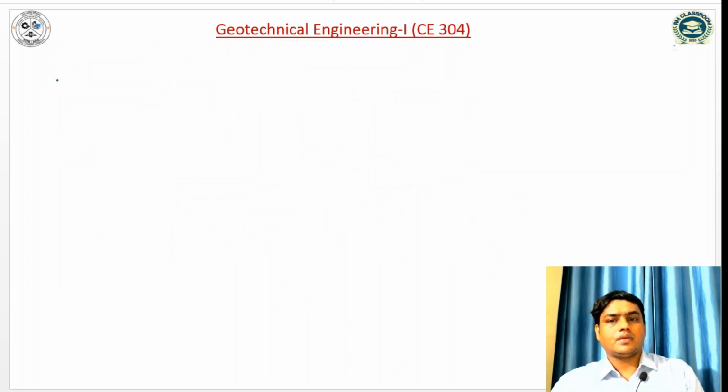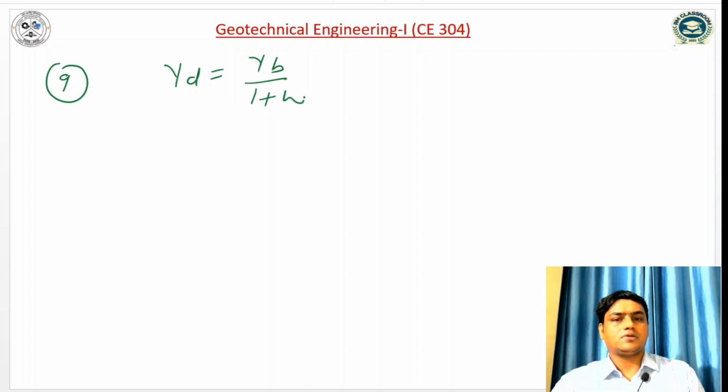Similarly, if I write gamma D is equal to gamma B divided by 1 plus W. Dry density is equal to bulk density divided by 1 plus moisture content.